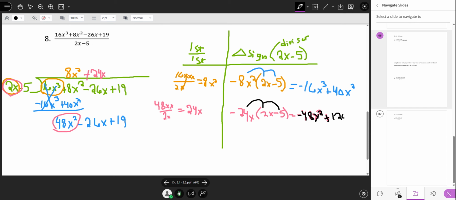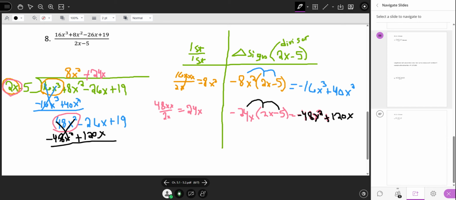Keep the x. And like I said, that first piece always goes to 0.